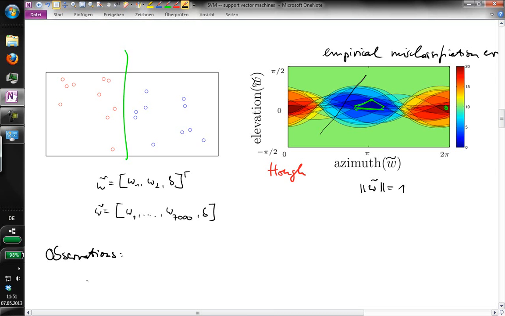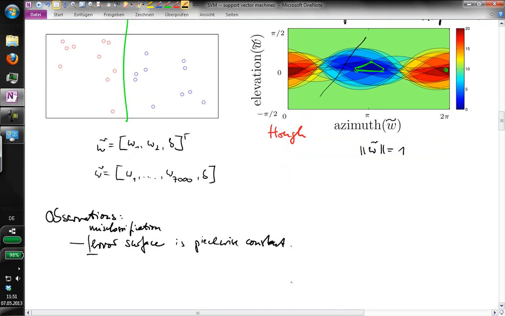So observations. One is that this error surface, or rather the misclassification error surface, is piecewise constant, and that, for example, rules out gradient descent strategies, which are something that you like in optimization.